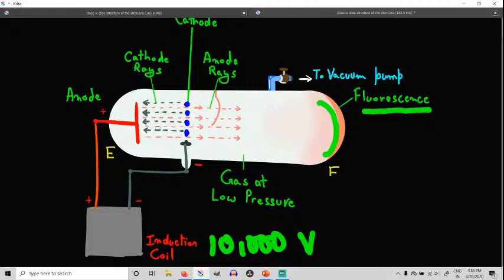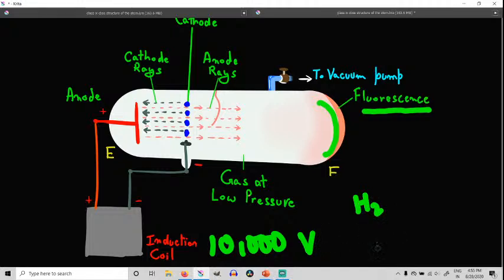So it is believed that the high electrical energy, how much volt? 10,000 volt. You know how much volt was applied? 10,000 volt. So it is believed that the high electrical energy supplied between the electrodes splits the molecules of the gas present. Suppose hydrogen gas, H2, was taken inside.